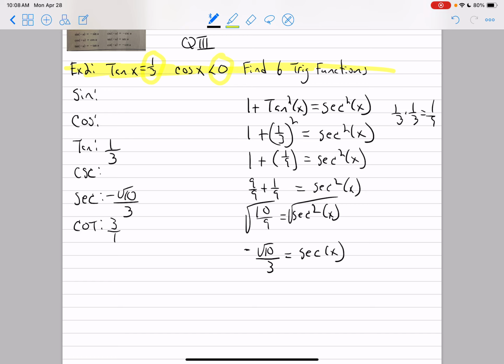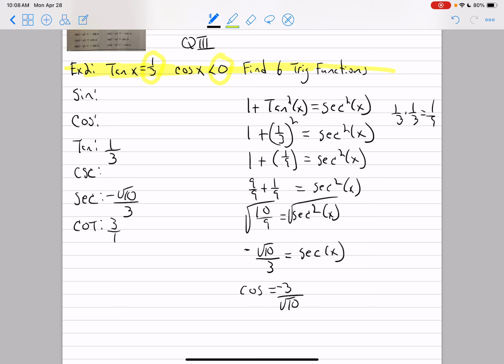Now that I know secant, which other one can I figure out? You should be like, oh, what is secant the reciprocal of? That is the reciprocal of cosine. So if secant is negative root 10 over 3, that means cosine is negative 3 over root 10.